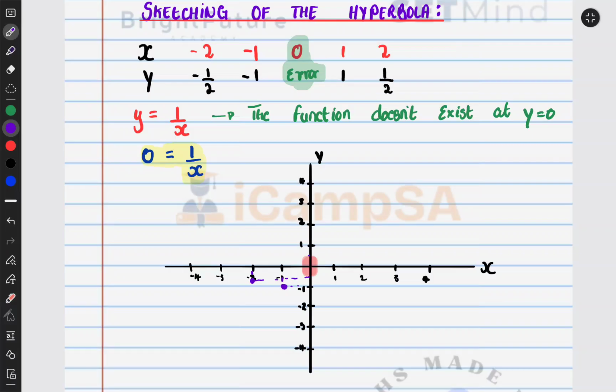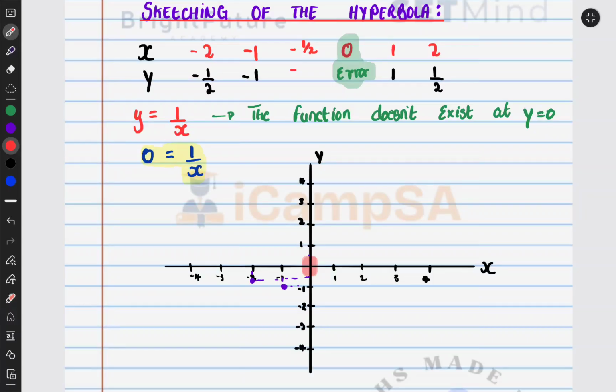So I think it would have been nice to find the value of y where x is negative half. In fact, let me include that, because I think it's really going to help us. Where x is negative 1 over 2, we're going to have 1 divided by negative half. Sorry, it's not negative half, it's going to be a negative 2.